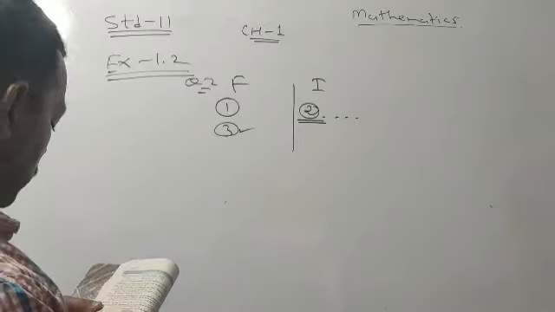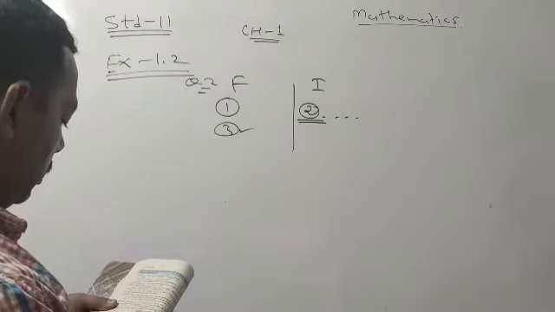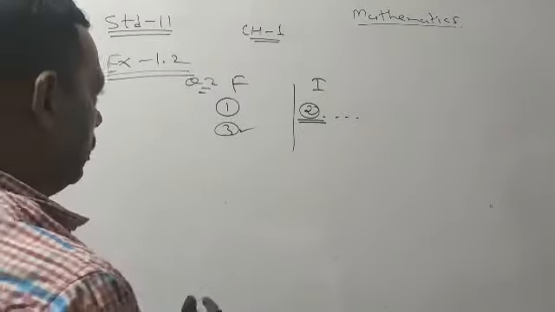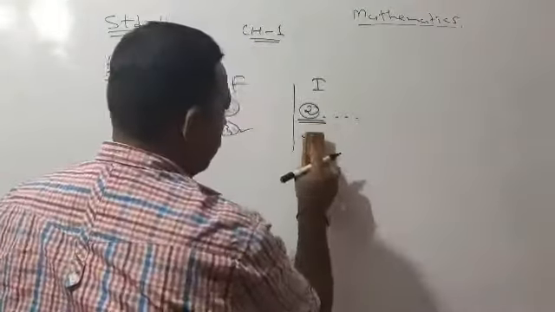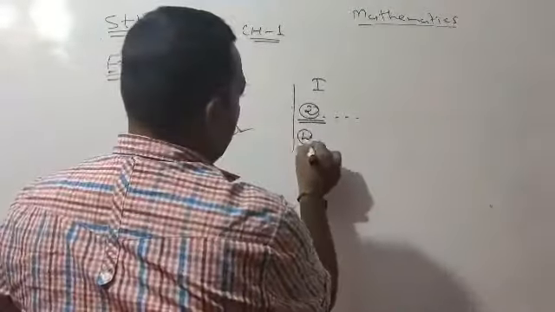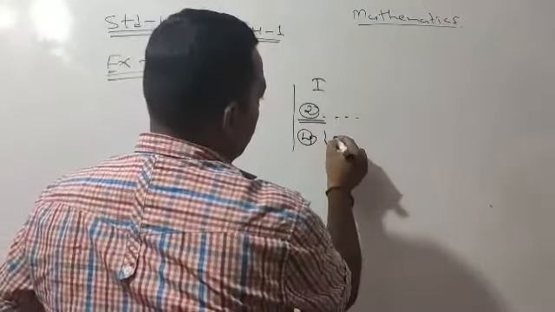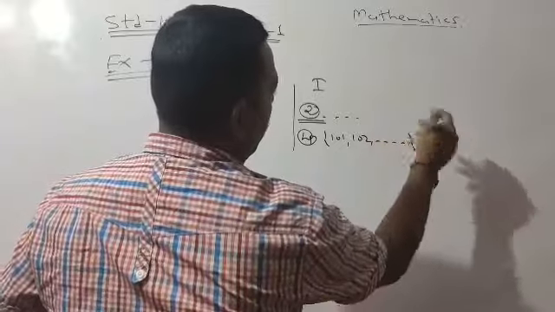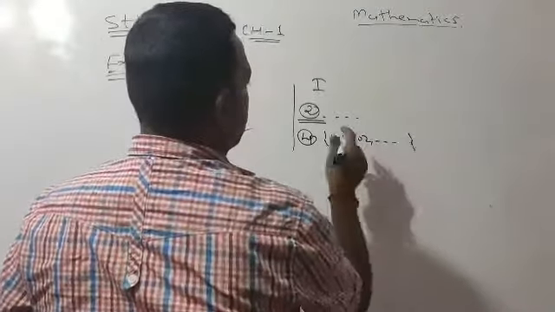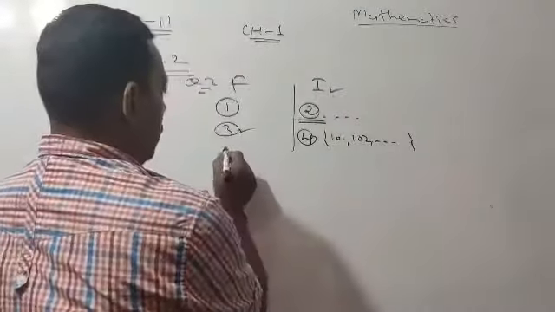Now, fourth one, the set of positive integers greater than 100. Again, it is like question number 2. So, it is 101, 102, but it is infinite. So, this is considered in the set of infinite.